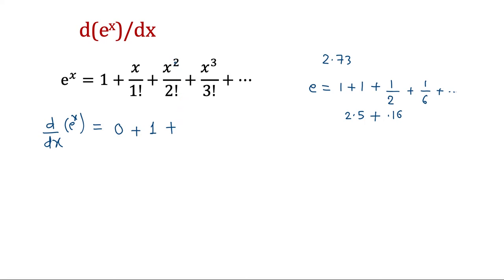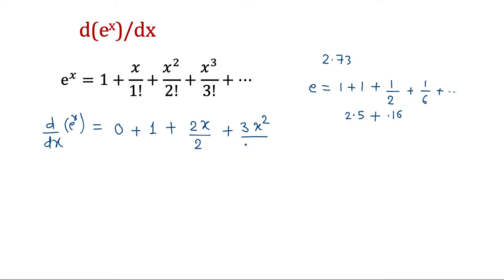Here we will apply the power rule on all of these values. So 2 will come in front and the power will be decreased by 1. So 2 times x divided by 2 factorial, which is 2. Here also 3 will come in front as a multiplier and the power will decrease by 1.